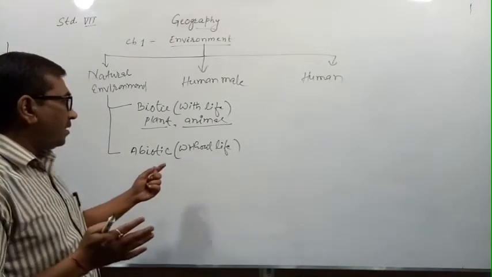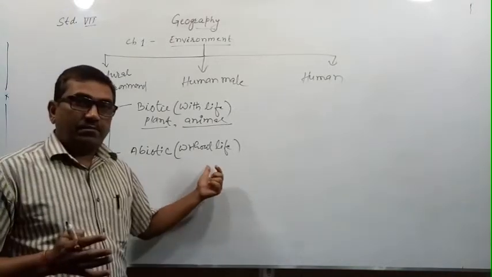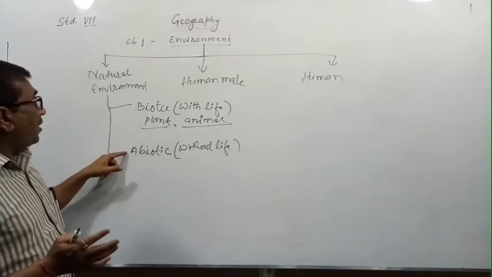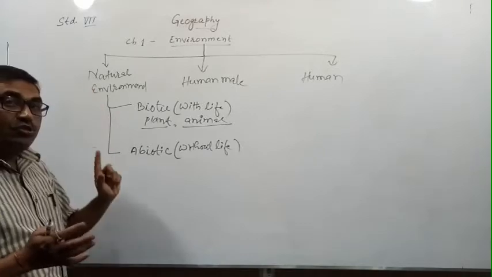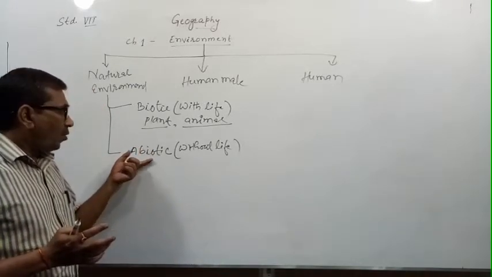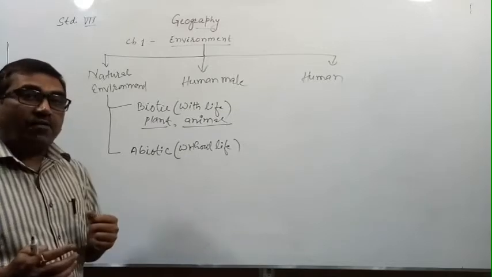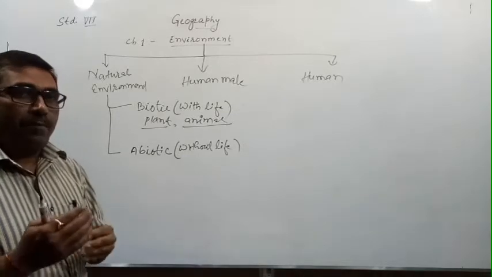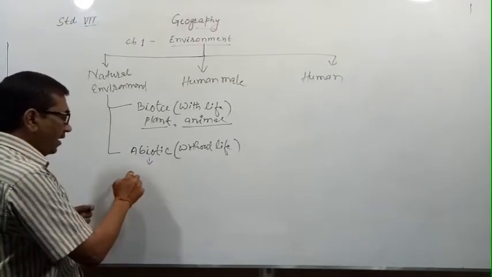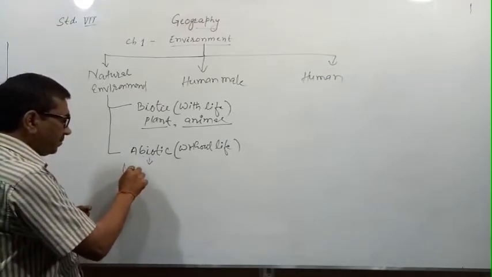So they come under the abiotic environment. Biotic and abiotic are both parts of the natural environment, meaning we are getting them naturally. Now what does the abiotic environment consist of?